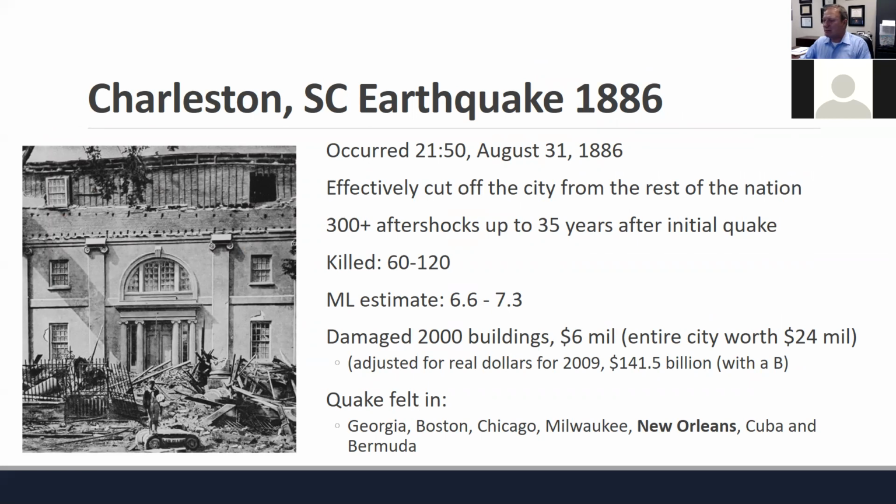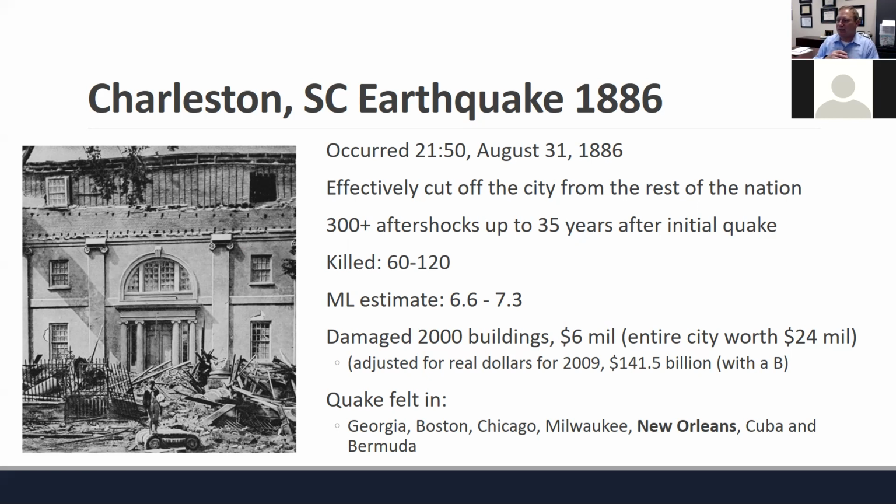Running short on time, so let me be sure and hit just a couple more of these things before I wrap up today. But again, the Charleston quake occurred in 1886. The main point, if we think back to 1886, is that the quake occurred on a Friday night.